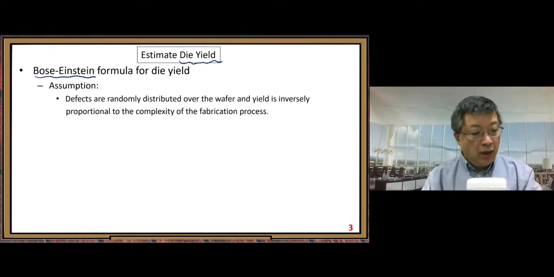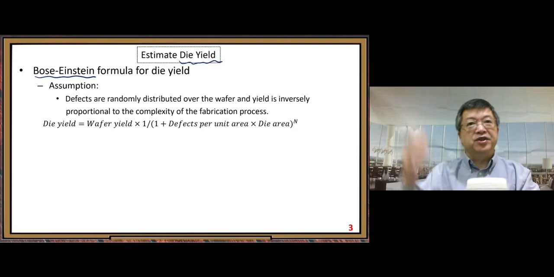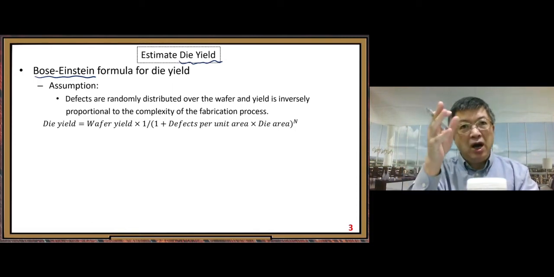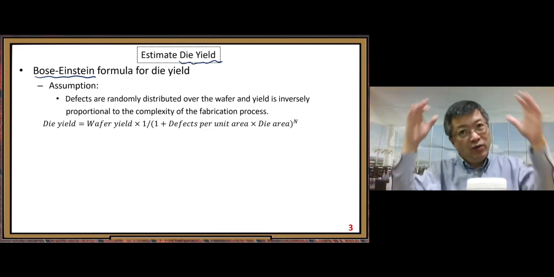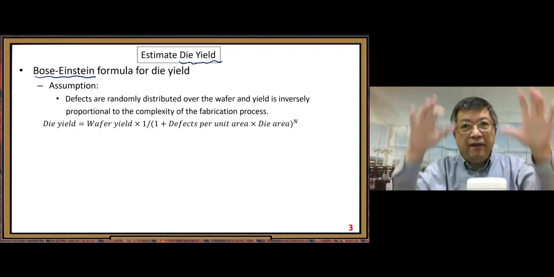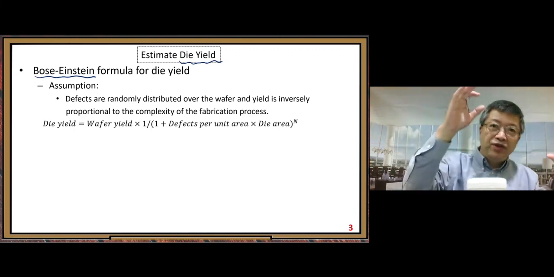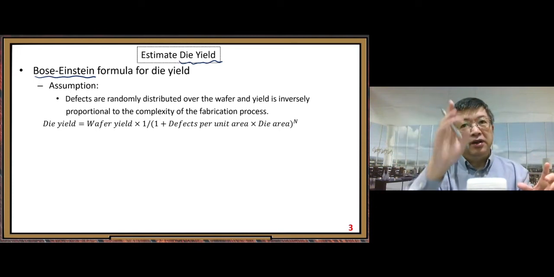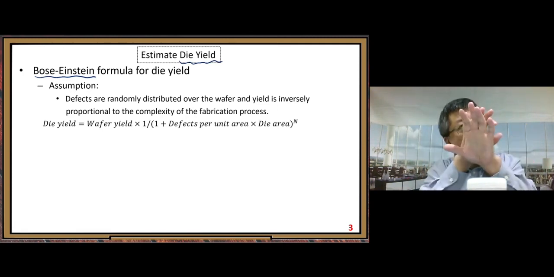All right. So based on that model, the formula is like this: die yield equals wafer yield times 1 over, inversely proportional, right? 1 over parenthesis 1 plus defects per unit area times die area. This number is the number of defects on one die.